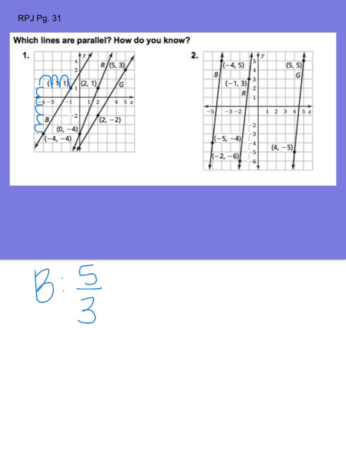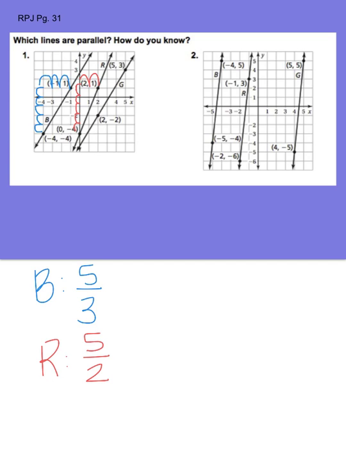Now I'm going to do that middle line, or the line R. I'm going to find the slope of this one. So 1, 2, 3, 4, 5. And 1, 2. So red has a slope of 5 over 2.